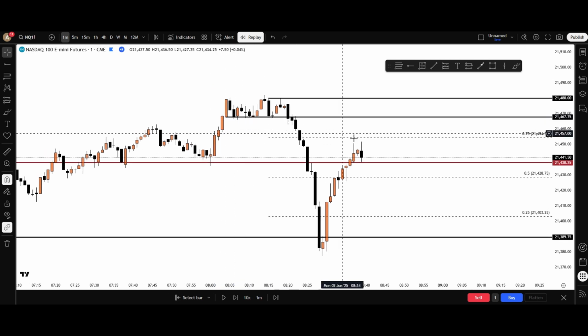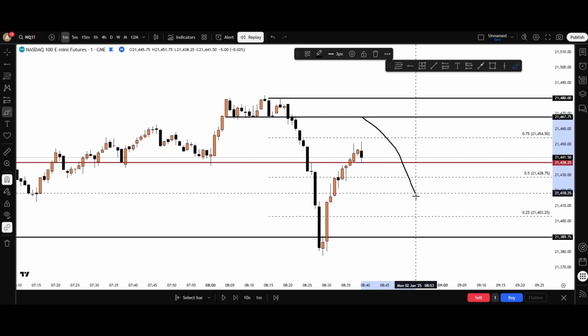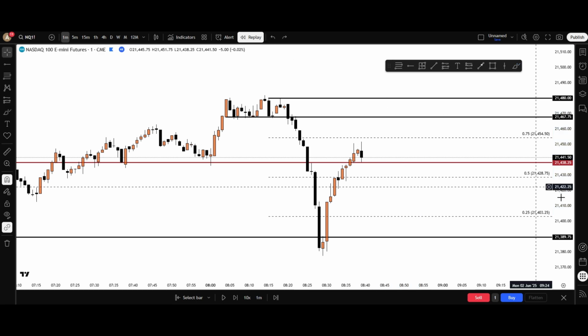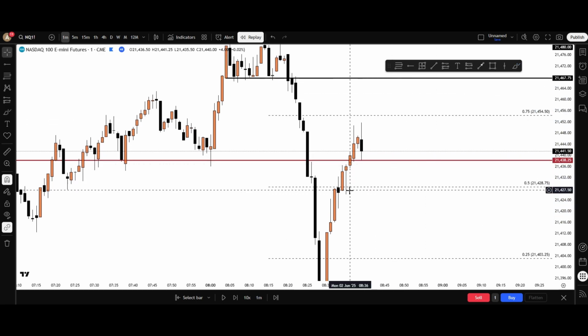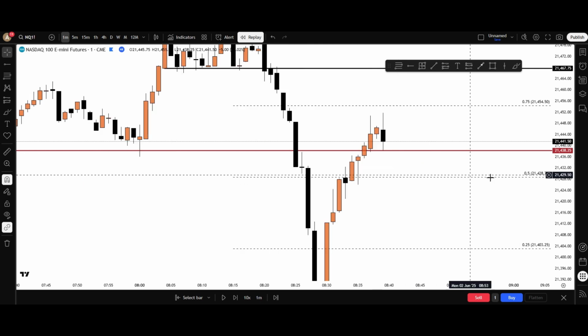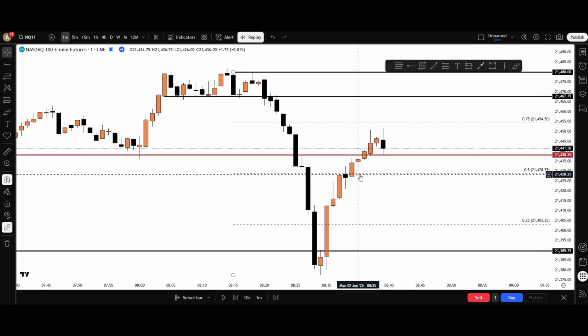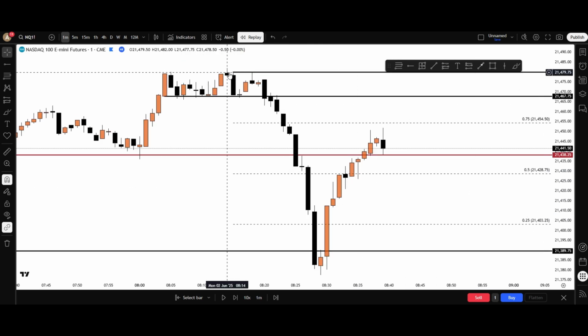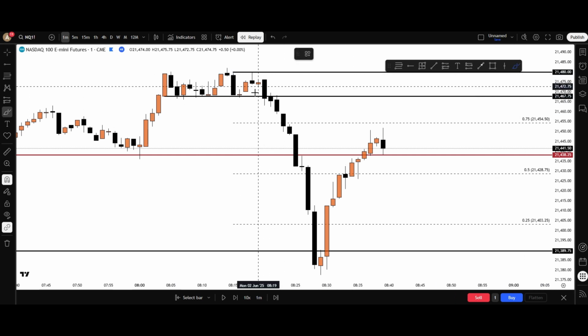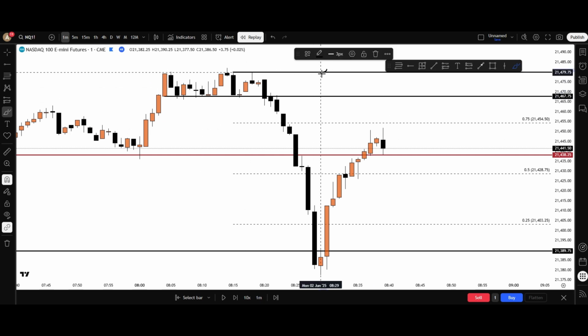But this should flip direction somewhere down into this range. So right now, what can we be anticipating? Well, if we're gaining this, we should be gaining the level itself. So maybe what we get here is we get a run up to gain that.